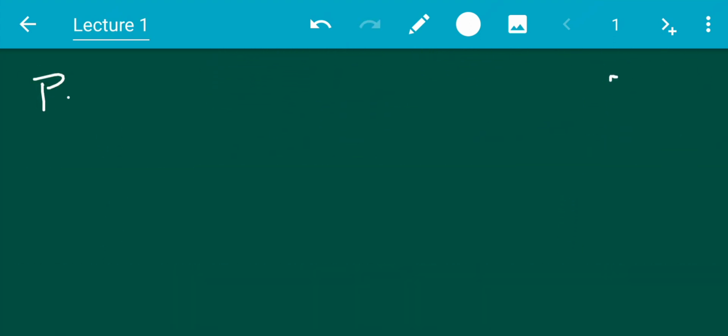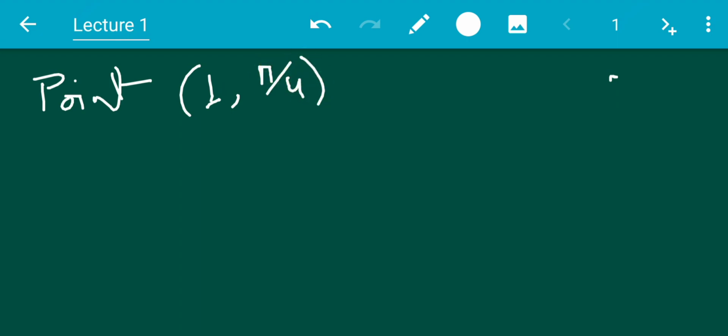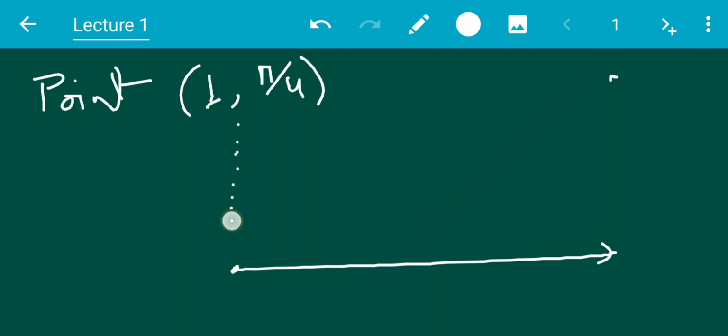Suppose we have the point (1, pi by 4) in a polar coordinate system. We have to locate it. Suppose we mark 90 degrees.